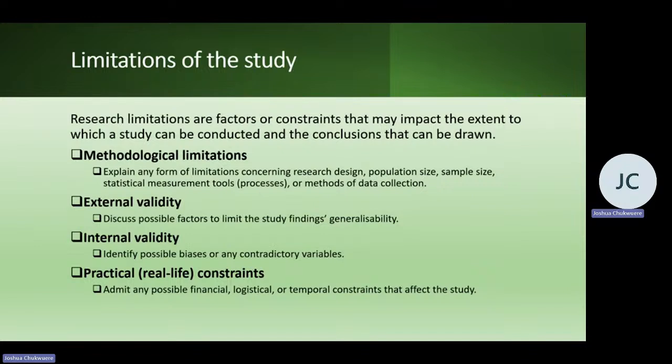What about the internal validity? Identify possible biases and any contradictory variables that can impact the study, and then practical reality constraints, which can be logistic issues, financial issues, and so on, which will impact the study.